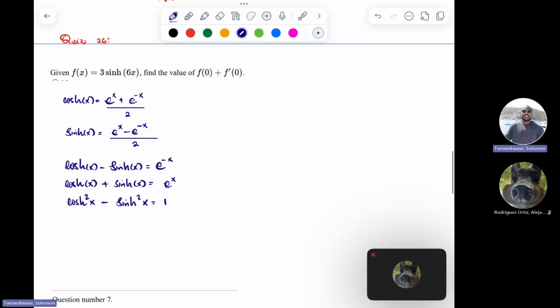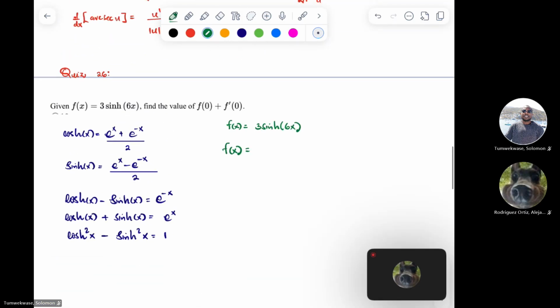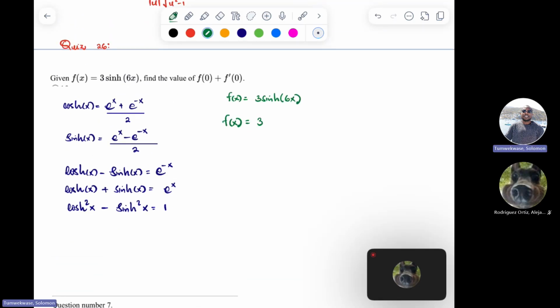Okay, for this particular question, we have that f of x is 3 sine hyperbolic of 6x. We need to take a derivative of this, so you can take the derivative right here, or you can first modify this function and write it in terms of the exponential.